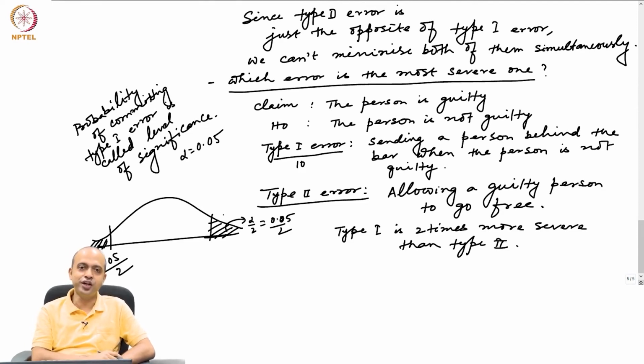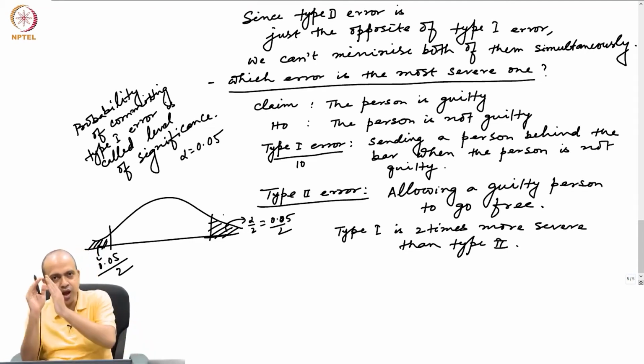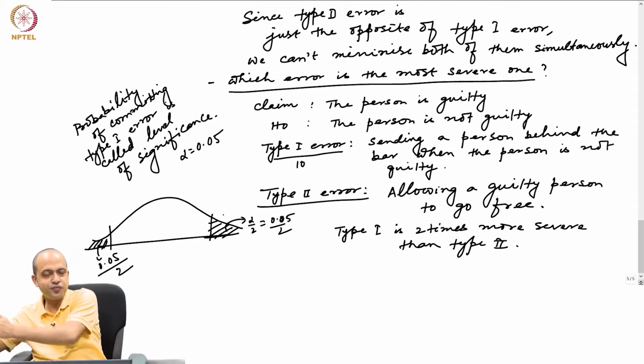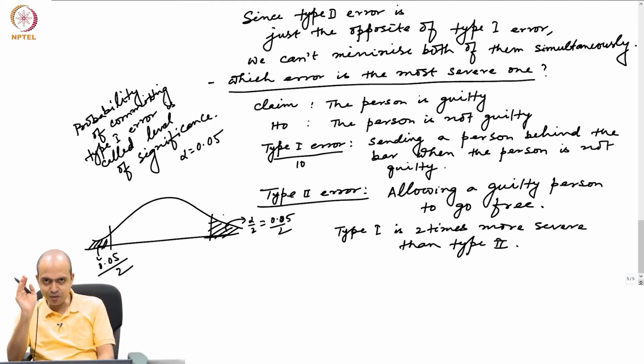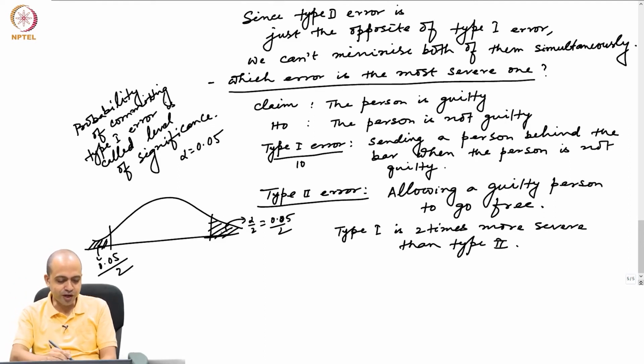what we are saying, the probability of committing type 1 error is called level of significance. That means the size of the critical region is also known as level of significance. That means I am saying, when I am rejecting the null based on the rule we have just specified, that calculated t should be greater than tabulated t, we will commit minimum 5 times type 1 error.